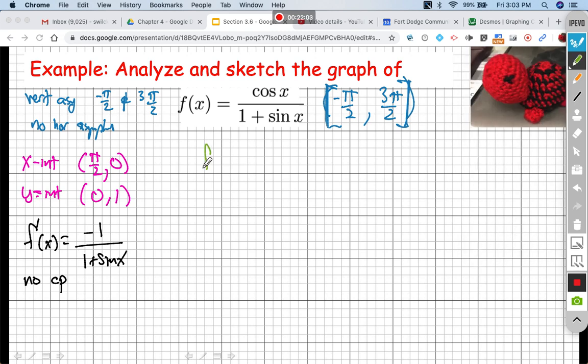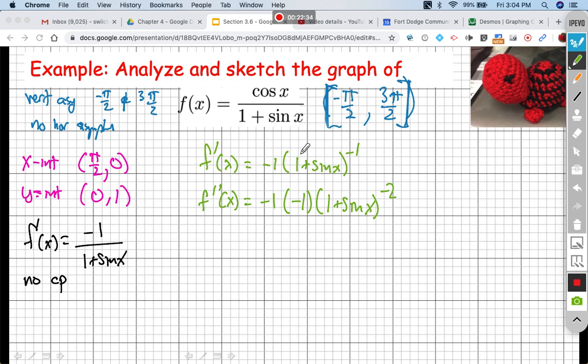Second derivative. Well, since this is a nice constant, I'm going to rewrite the first derivative as a negative 1 times 1 plus the sine of x to the negative 1. So the second derivative is going to be negative 1 times negative 1 times 1 plus the sine of x to the negative 2 power.